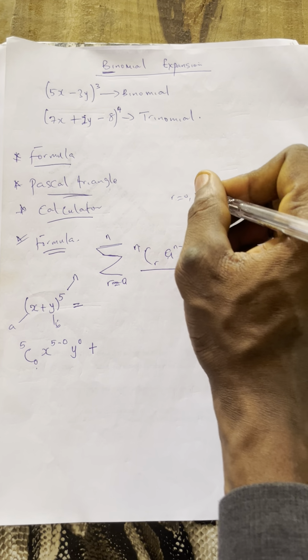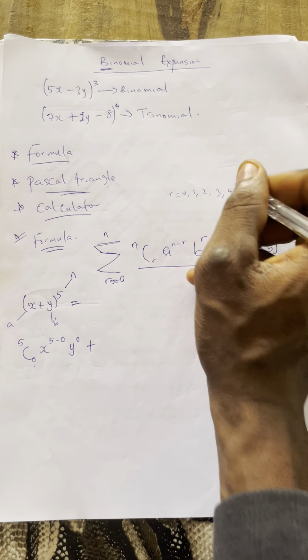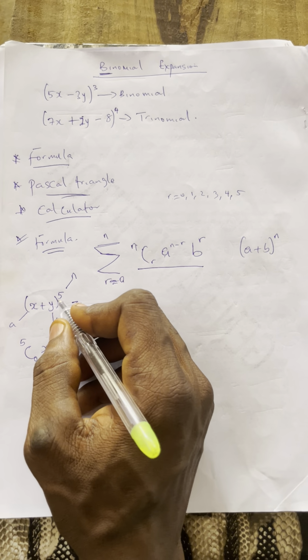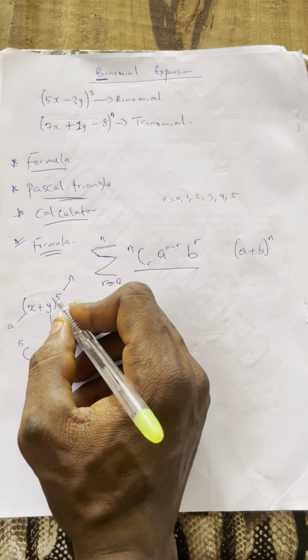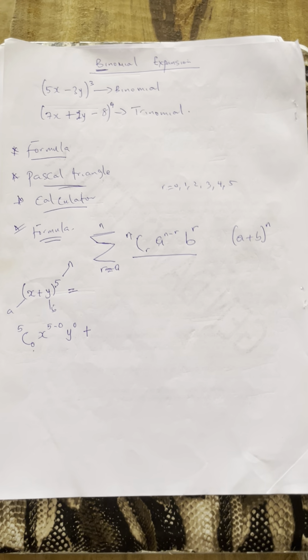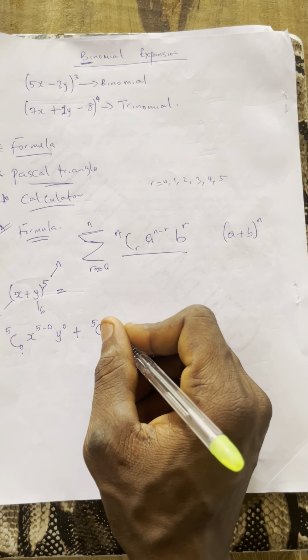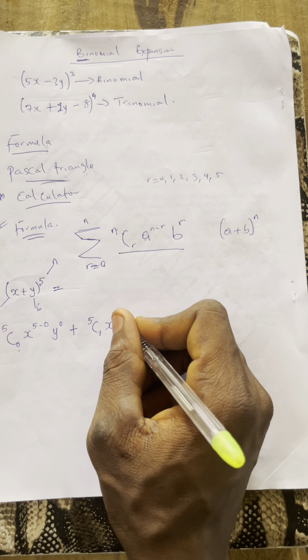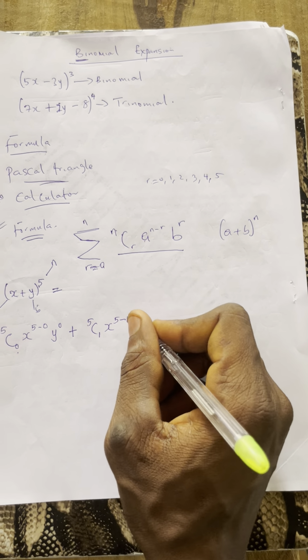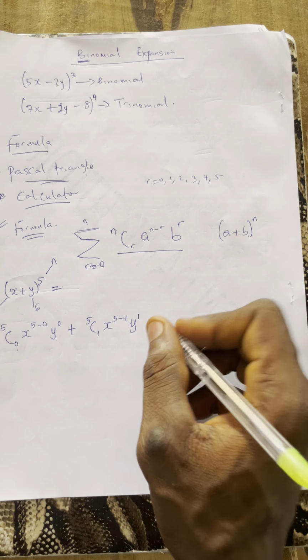Then A is x, raised to power n, which is 5, minus r, which is 0. B is y, raised to power r, which is 0. Plus, the second one: r goes 0, then 1, 2, 3, 4, to 5, the largest number. Assuming this power is 7, you take it to 7. The second one will have r as 1: 5 combination 1, then x raised to power 5 minus 1, then y raised to power 1.